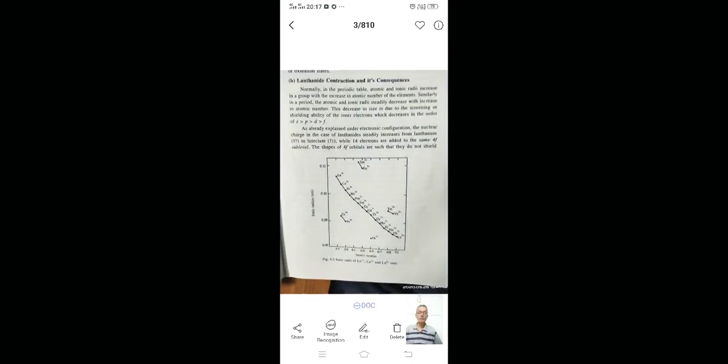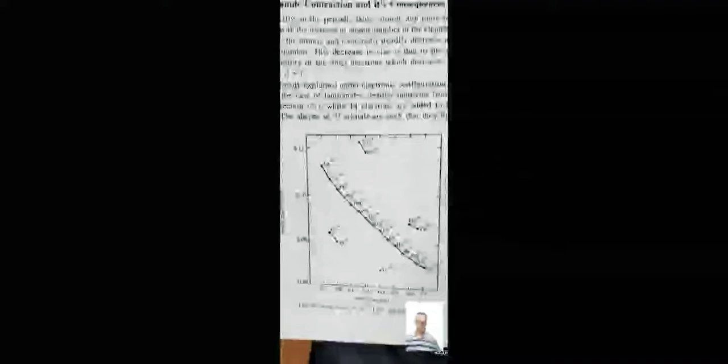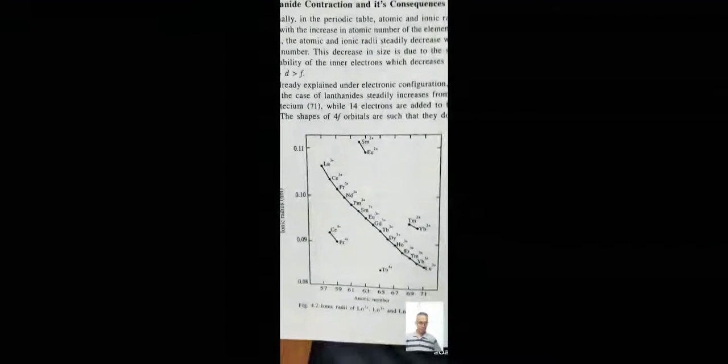Okay, now let us see the graph of decreasing size of the element, particularly from lanthanum to lutetium in the tri-positive oxidation state. When we plot the graph of ionic radius against atomic number, you find the tri-positive lanthanide size decreases from lanthanum to lutetium steadily, but the cumulative effect is found to be 0.02 nanometer.